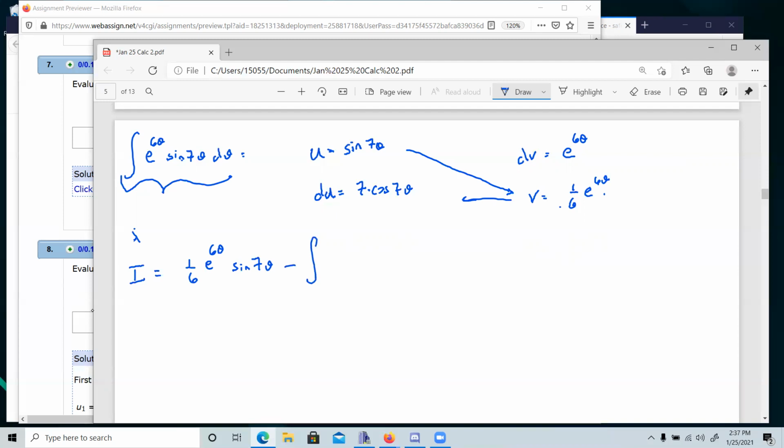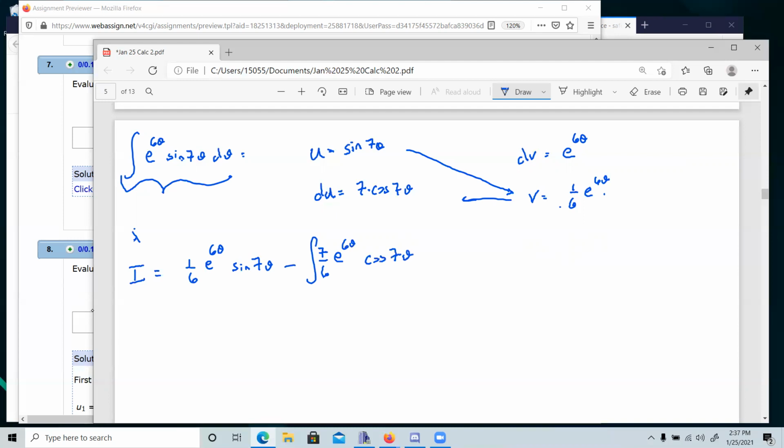So this is going to be 7 over 6, and you could put this inside or outside, it doesn't matter, times the integral of e to the 6 theta cosine 7 theta.